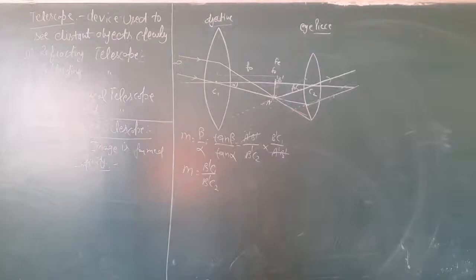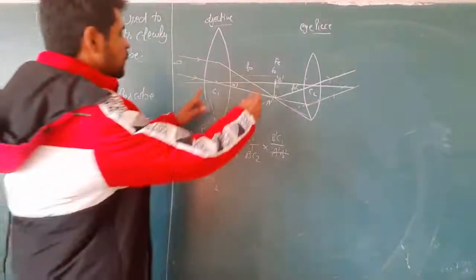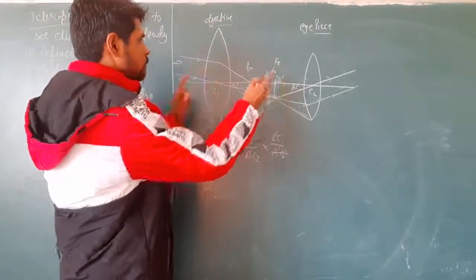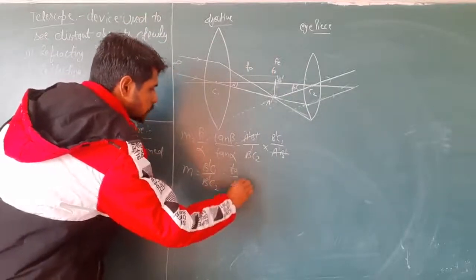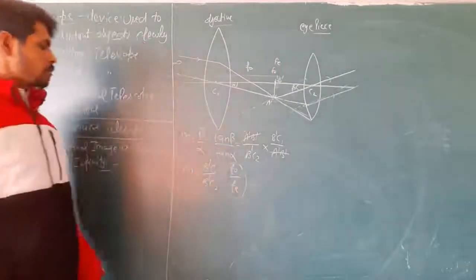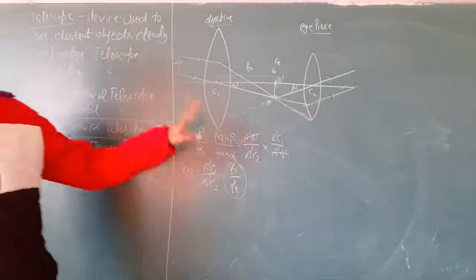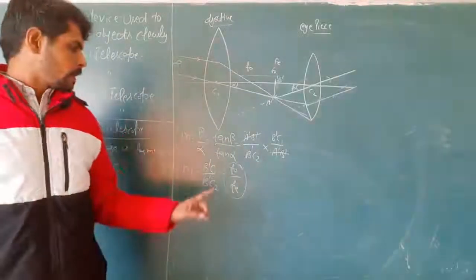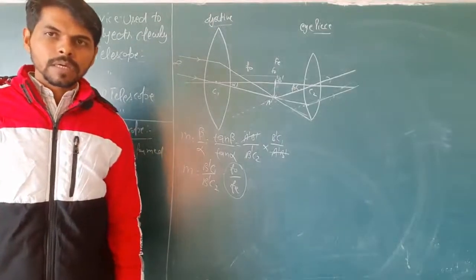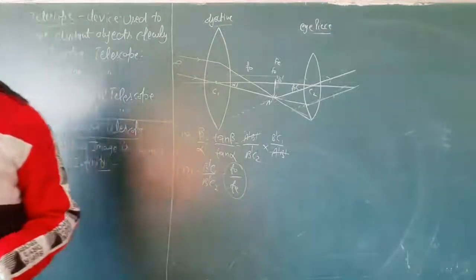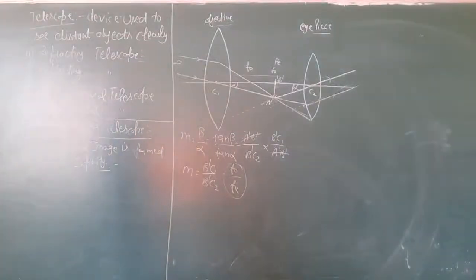What is B dash C1? That is focal length of objective lens. And what is B dash C2? That is focal length of eye lens. So magnifying power of astronomical telescope when the final image is formed at infinity, that will be f0 by fe, focal length of objective lens upon focal length of eye lens.